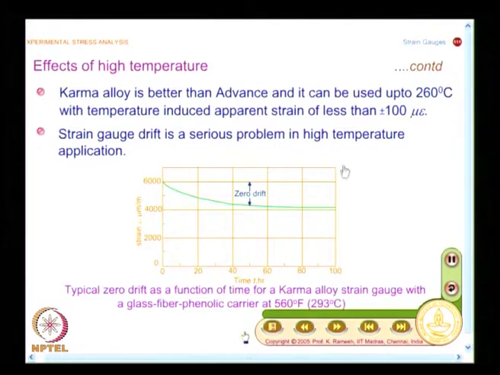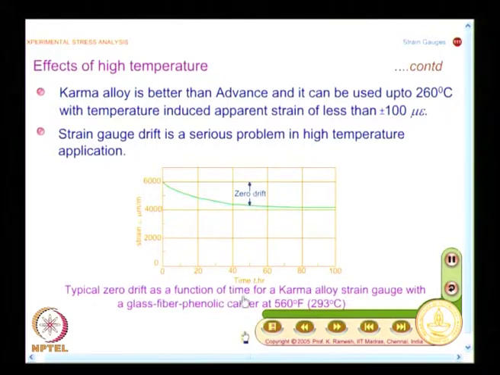And what is recommended, since I said it is a function of time, is to solve this by developing a graph of strain versus time. So, I have the variation of this reading, and this is actually called zero drift.